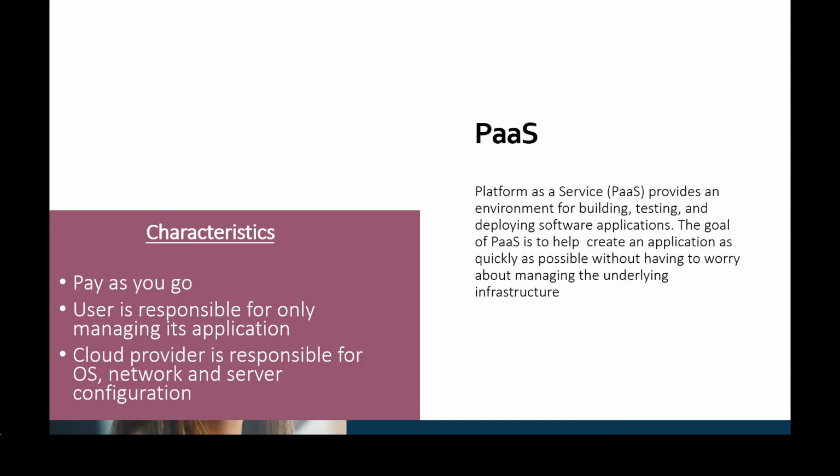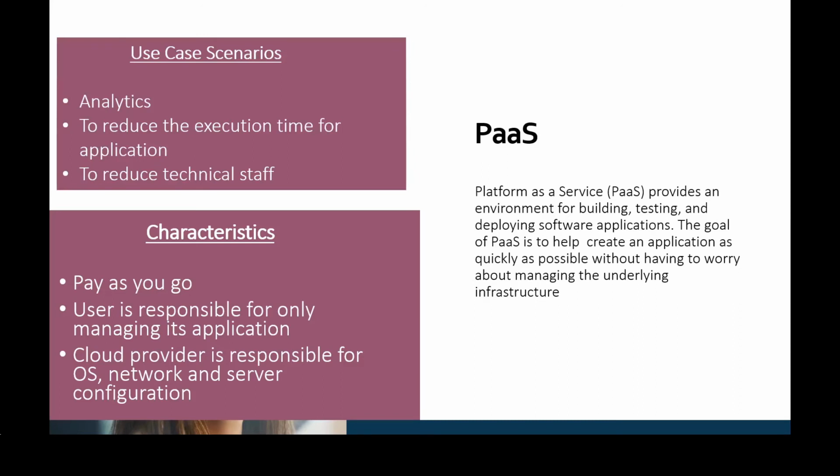Pay as you go. You just pay for the services which you are using. The user is only responsible for managing its application and data. The cloud provider is responsible for the operating system, network, server configuration, security patches, maintenance, backup plan, disaster recovery, everything. Everything is managed by the cloud provider.